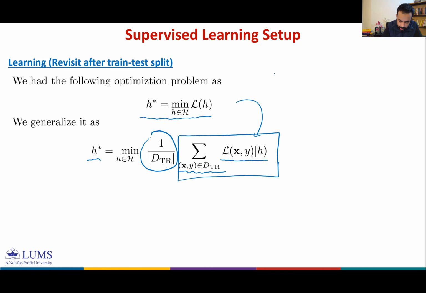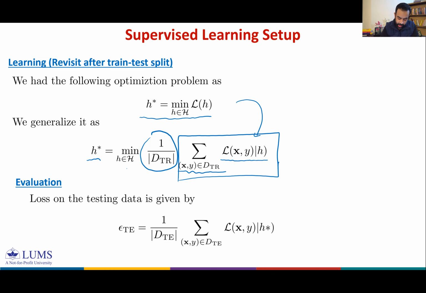Since D_TR is a set, and you take a mod of this, this is the cardinality of the set, the number of points in the training data. So now we choose H star from the hypothesis class H that minimizes the loss function on training data.